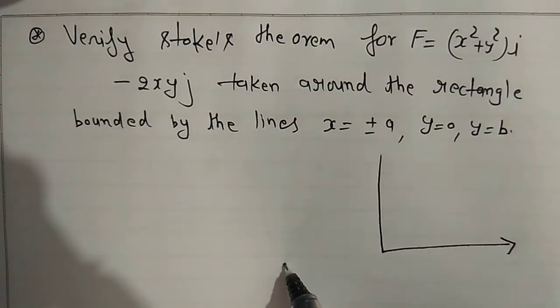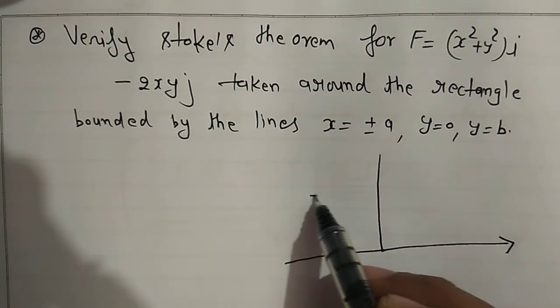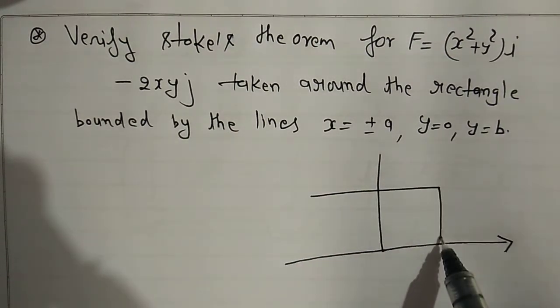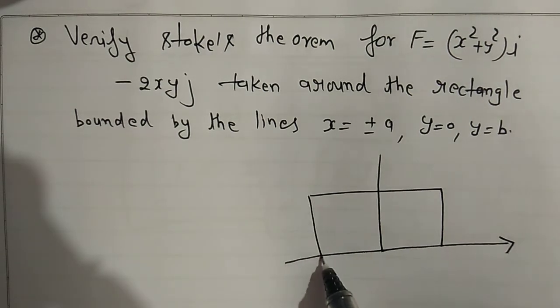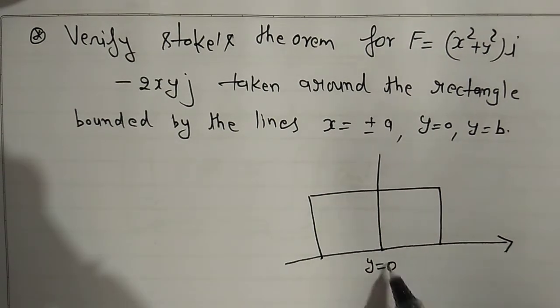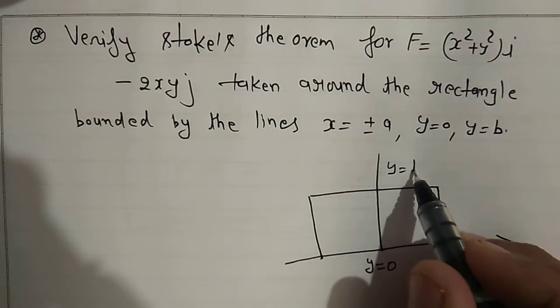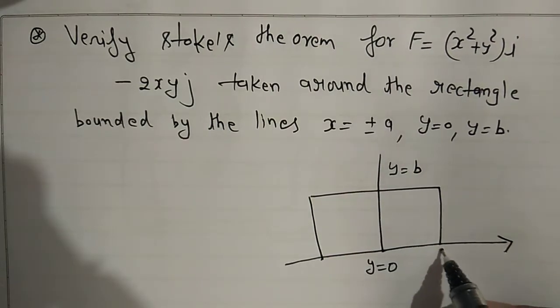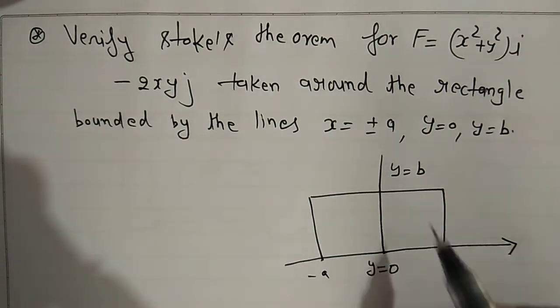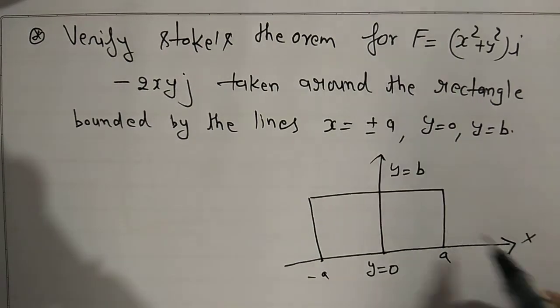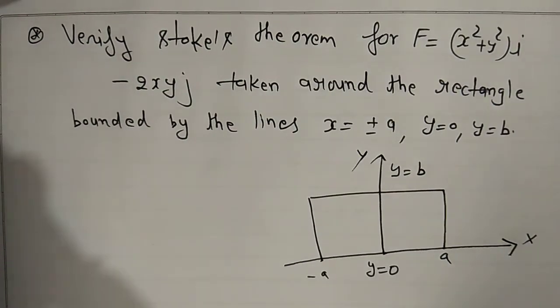So for the rectangle we have x equal to plus minus a and y equal to 0, y equal to b, and x equal to a, x equal to minus a. This is the x axis, this is the y axis. So this is your rectangle.